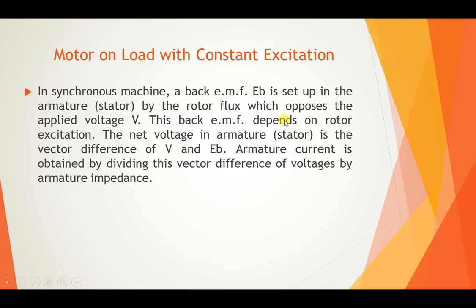This back EMF depends on the rotor excitation, and the net voltage in the armature stator is the vector difference of the supply voltage and the back EMF. The armature current is equal to this vector difference of voltage divided by the armature impedance. So when we connect a load, there is a back EMF in the stator.